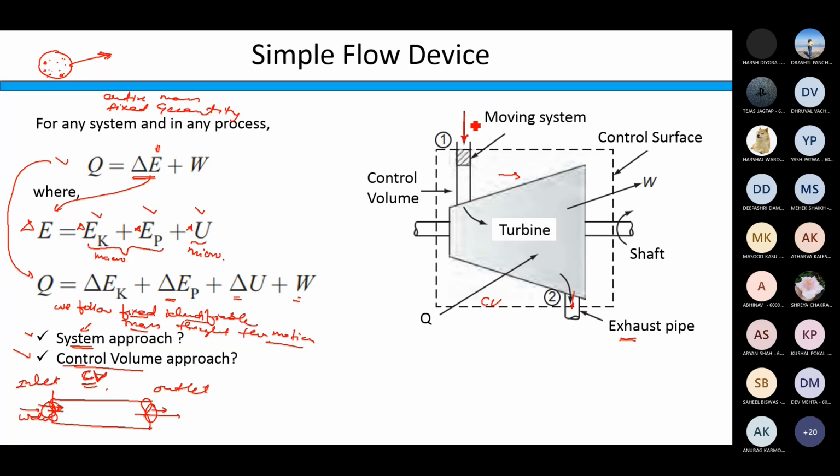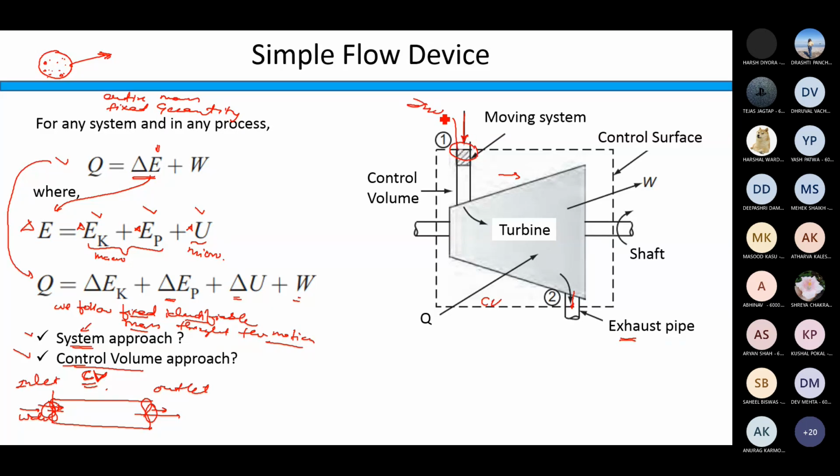So here I am not going to follow the fixed identifiable mass of the gas which is entering this turbine, right? So whatever may be entering, I am not bothered about it. So I will fix my boundary like this, and I will look for the interactions which are happening across the boundary. For example, if you look at this boundary, here some mass of the gas is entering through this inlet.